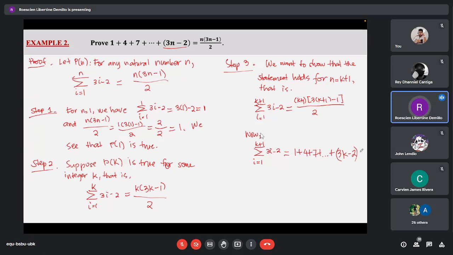So, will it work for the next after k? The next after k is 3 times k plus 1 minus 2. Right?